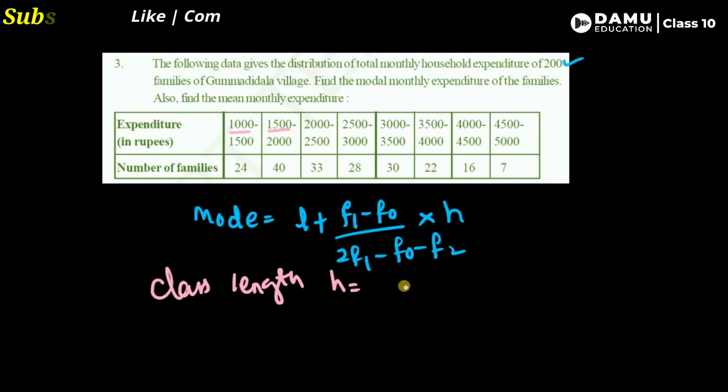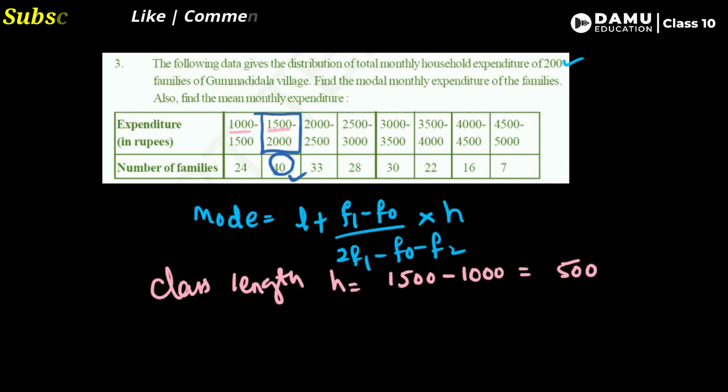So we take a lower limit subtraction. Let's take 1500 minus 1000, so we will get 500. Which frequency is the most? 40 is the most, so the modal class will be 1500 to 2000.